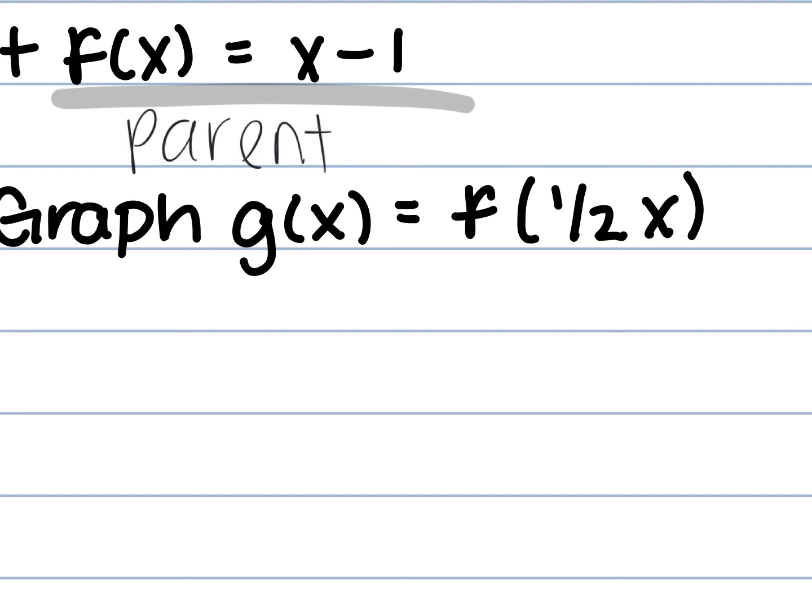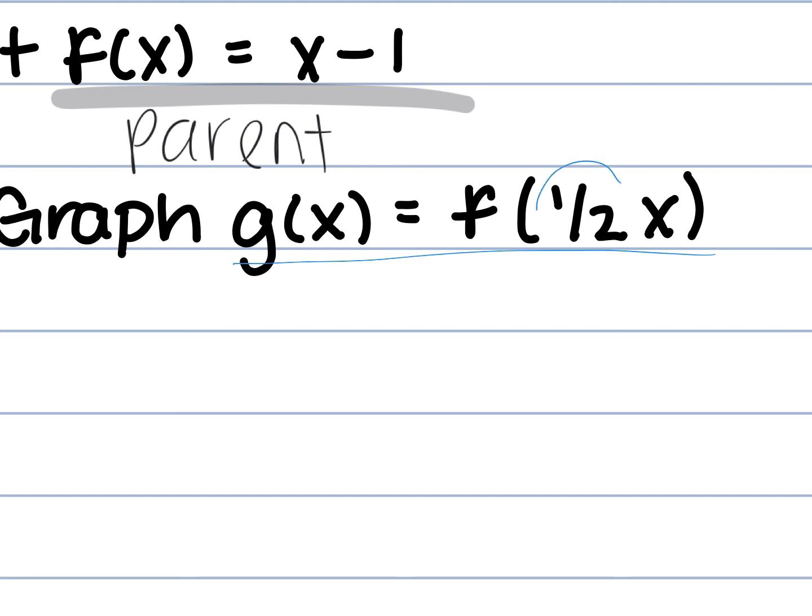Okay, check it out. Take a look at this transformation. Is the 1/2 being added or subtracted? Added. It is? What is it doing to the x? Dividing. It's dividing or it's multiplying, okay?